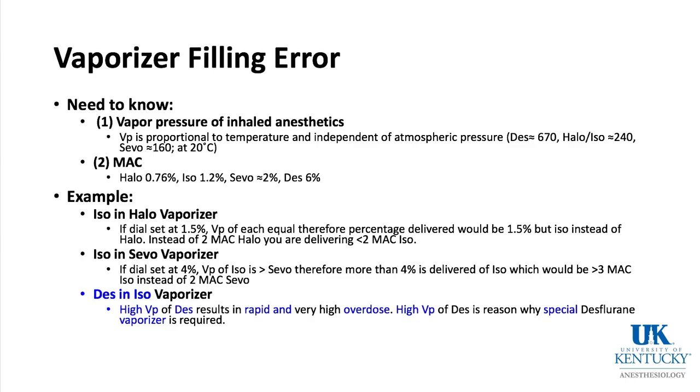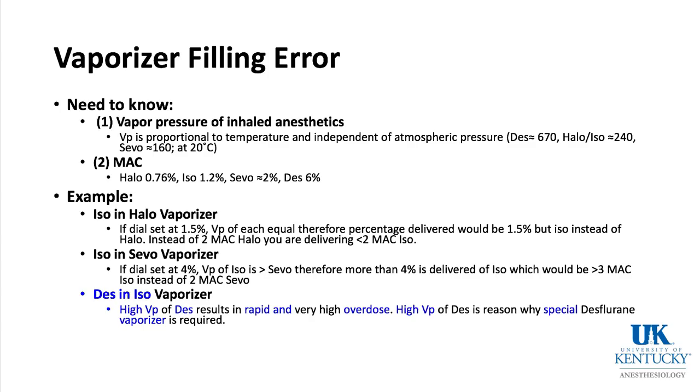What if you put isoflurane in a sevoflurane vaporizer and you set the dial at 4%, thinking you're delivering approximately 2 MAC of sevoflurane? But instead, iso is in there. The vapor pressure of isoflurane is greater than sevoflurane, and therefore more than 4% would be delivered, and not only would it be more than 4%, but it would be isoflurane, which has a higher MAC, which is more potent, that is, a MAC of 1.2%, and it would be greater than 3 MAC of iso instead of 2 MAC of sevoflurane.